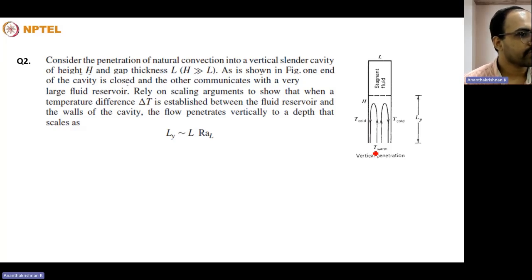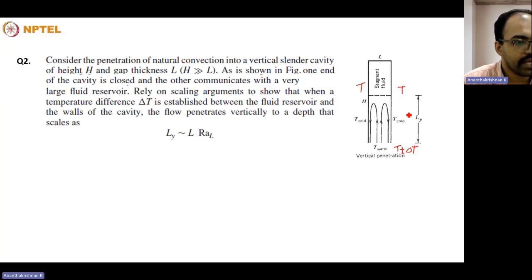Rely on the scaling arguments to show that when a temperature difference delta T is established between the fluid reservoir and the wall, the flow penetrates vertically to a depth that scales as Ly is of the order of L times the Rayleigh number based on L. Here, this is the fluid reservoir, which is at a higher temperature T plus delta T, and the walls are at temperature T. The total height is H, and the height up to which the natural convection will be felt is Ly.